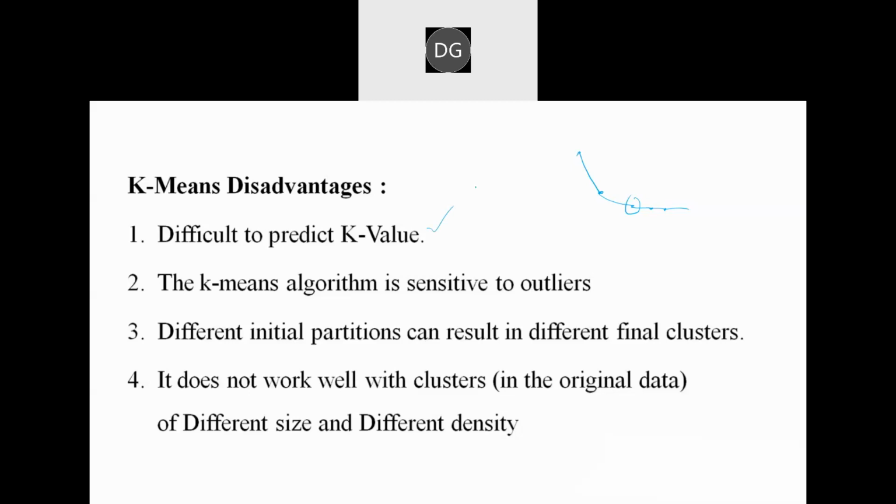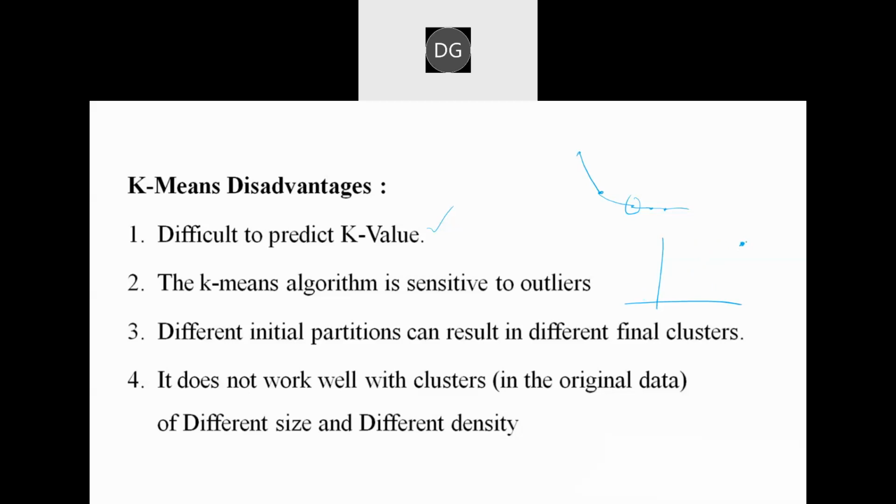Then the k-means algorithm is sensitive to outliers. From the data points only it is taking, right? Suppose in a data set an outlier is present. Outlier means some points will be very far from the actual pattern. That is what we call an outlier, right? If we are taking that as a centroid, what will happen? We cannot take multiple data points near to it, right?